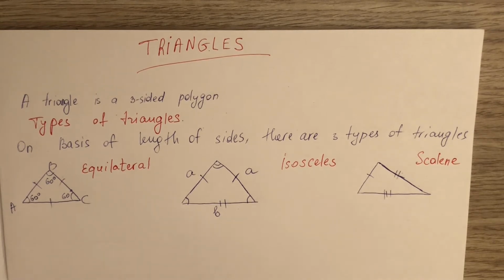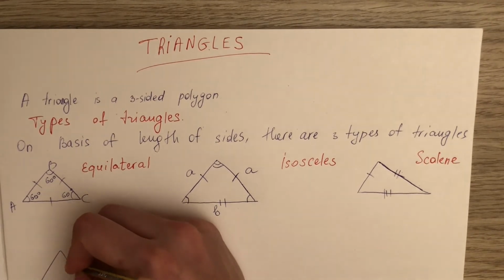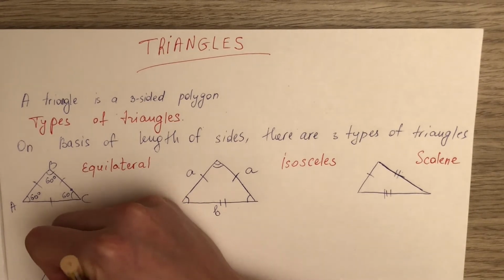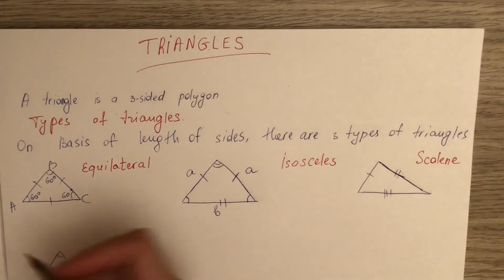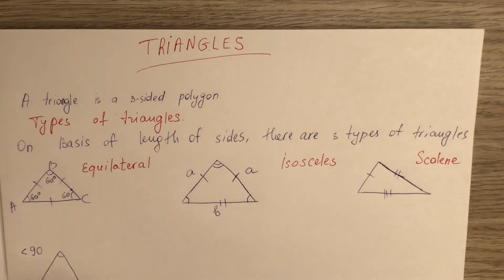Triangles whose all angles are acute are called acute angled triangles. So if all angles are acute, this means that they are less than 90.